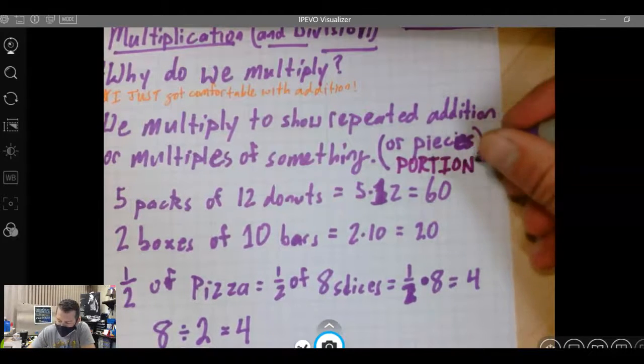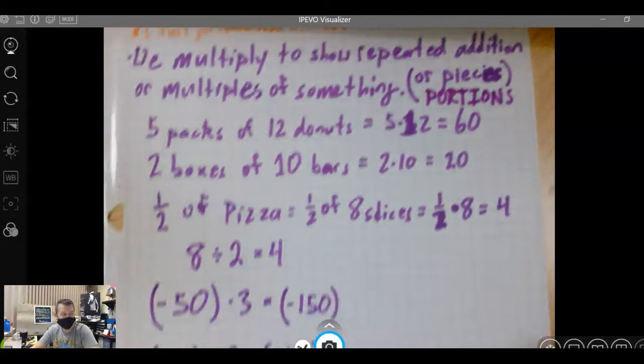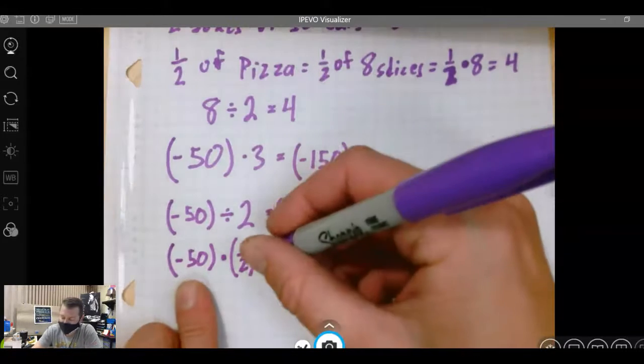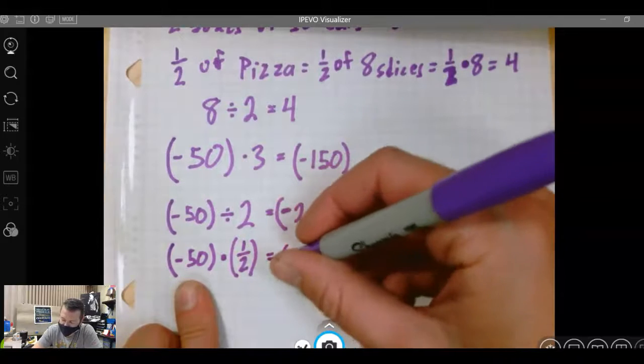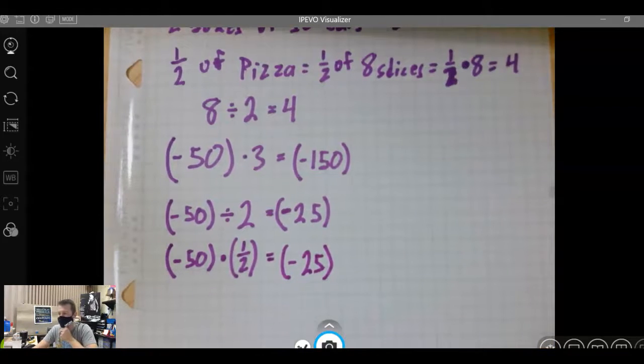I need to take these notes a little better. But it's okay, however it works for you guys. Again, this is totally different than I normally teach. So half of that $50 is still that negative 25 where they owe, or they're going to pay 25.